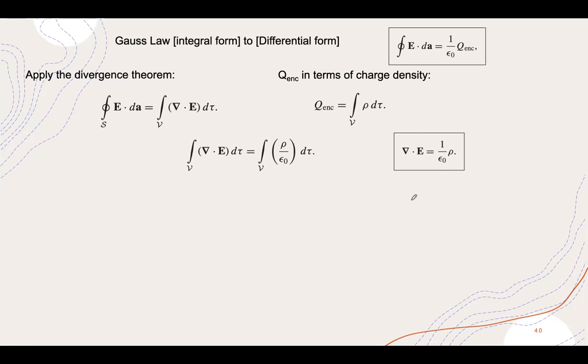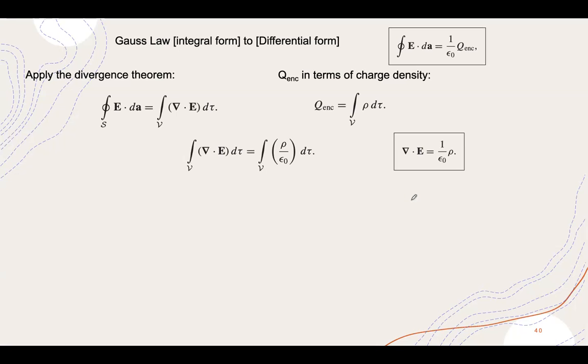This is very important, and it is just a derivation which we did. We started with field lines, and field lines give you an idea of flux through any surface area. The idea of flux gives you the integral form of Gauss law, which we can change into differential form by using the divergence theorem.